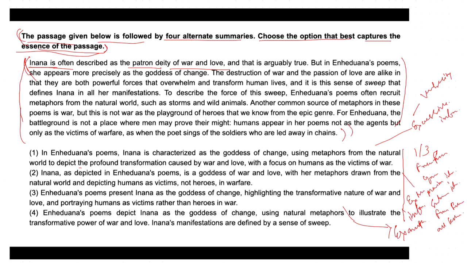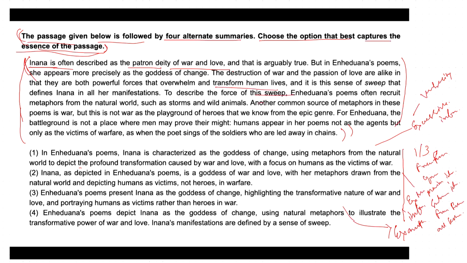These poems emphasize the transformative nature of war and love, with a focus on the impact they have on human lives.